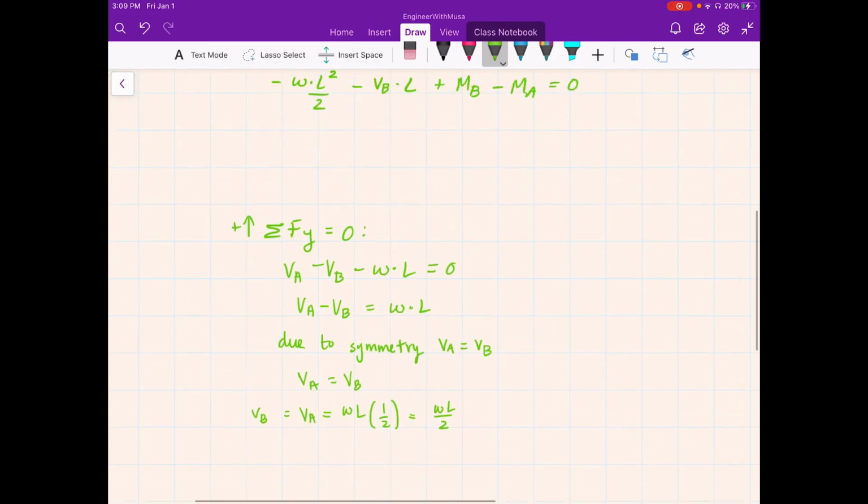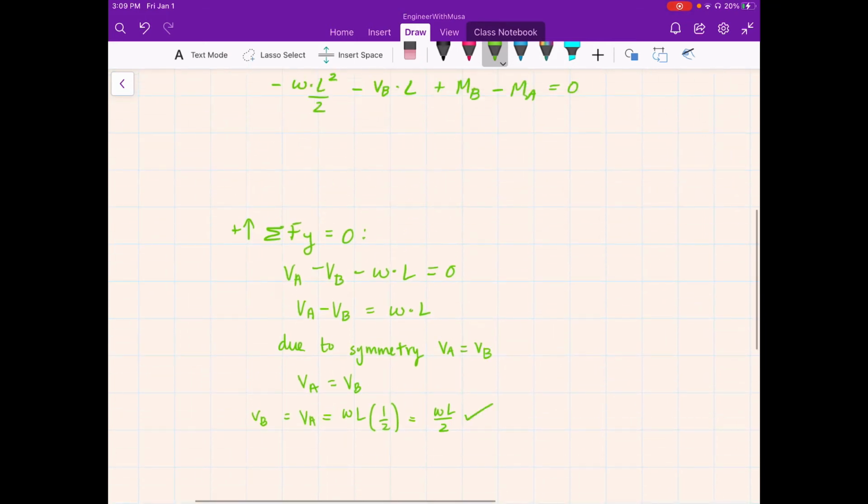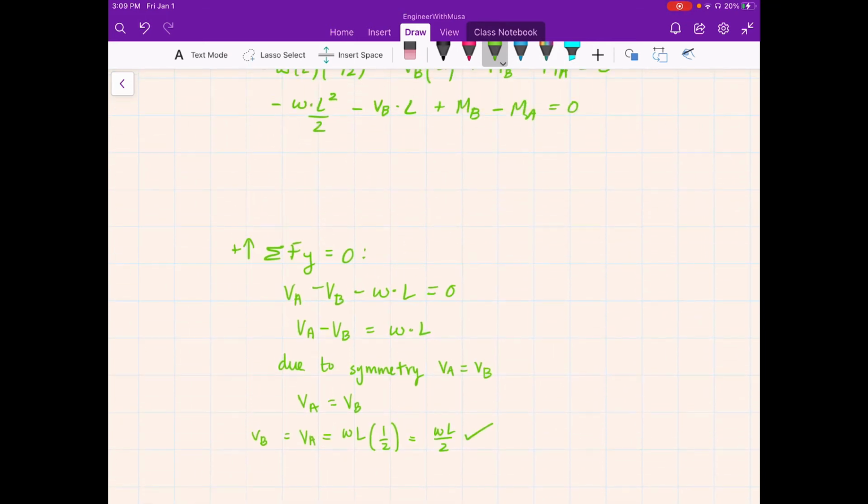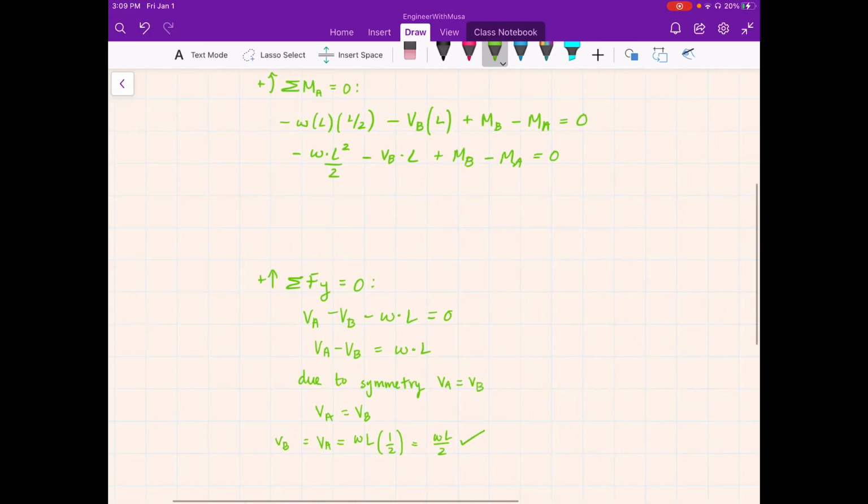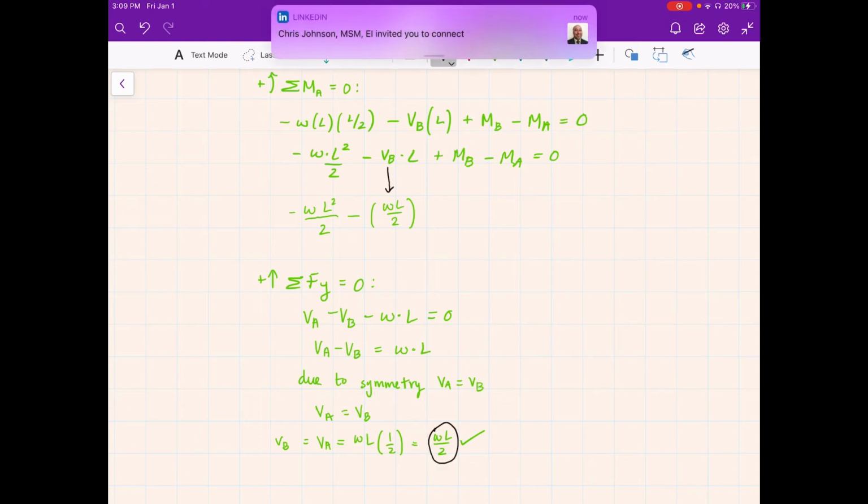Now, that's awesome. And now we have to go back into this sum of the moment equation that we looked at and say minus omega L squared over 2 minus omega L over 2, and this is equal to that because of this. Hope that makes sense.